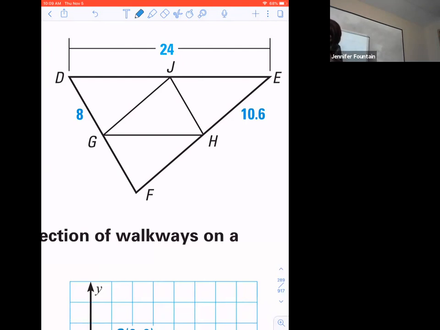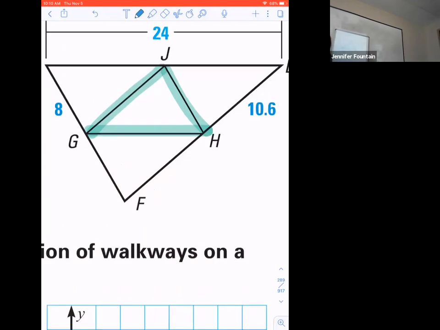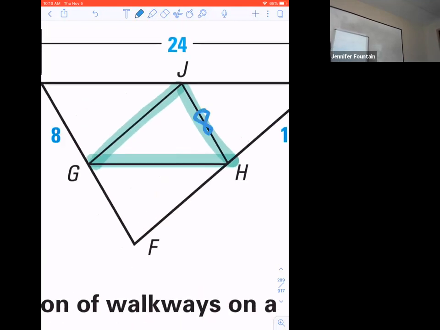Now it says find the perimeter of GHJ. So it's 8 plus 12 plus 12 plus 8. Okay. What measure did we say JH was? We said this was 8, right? What did we say GH was? 12. And so what is the measure of GJ?